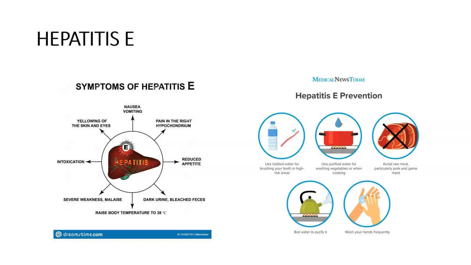Okay, so how do we prevent hepatitis E? Hand washing. Use bottled water. Purify that water when washing your vegetables or when cooking. Avoid any raw, undercooked meat. All right?